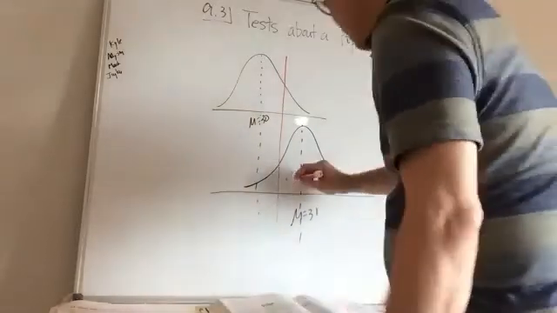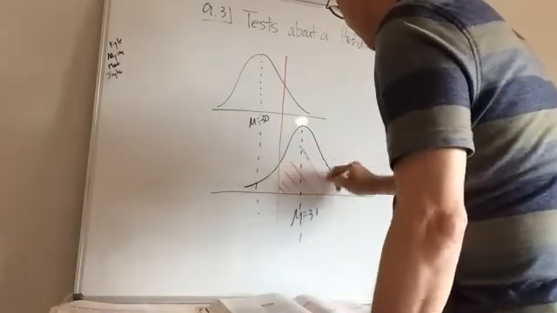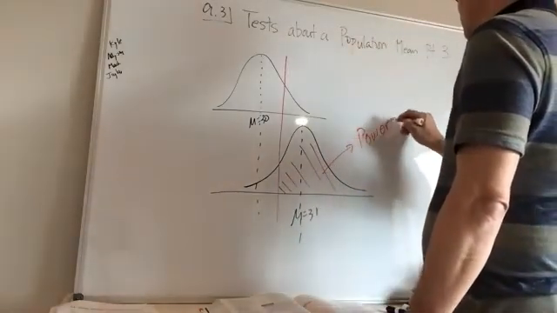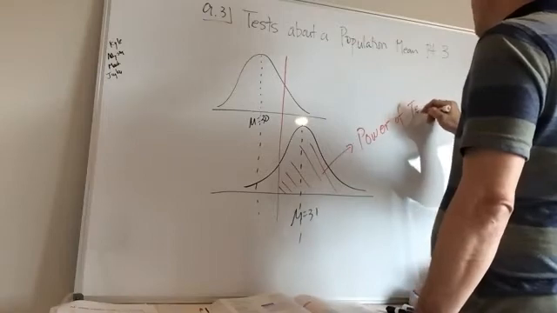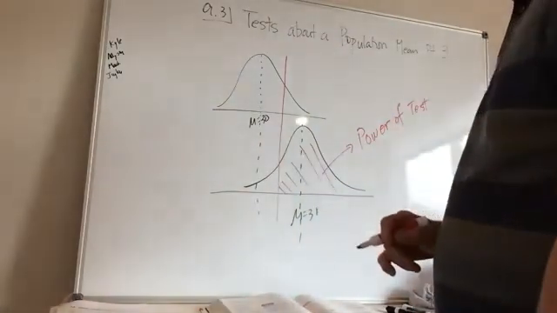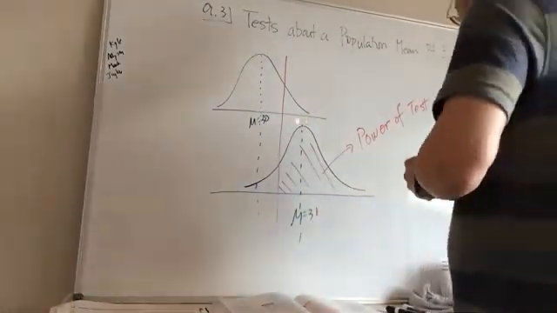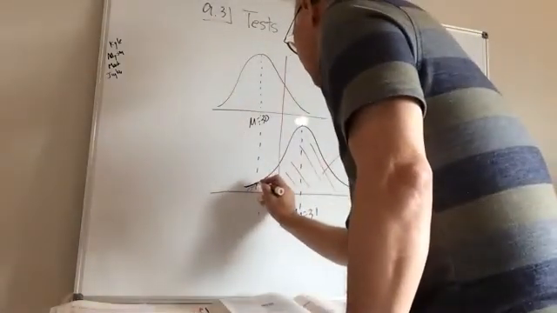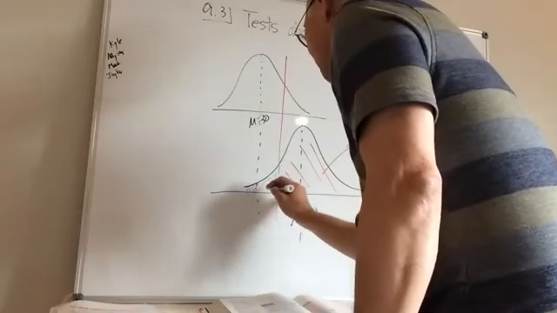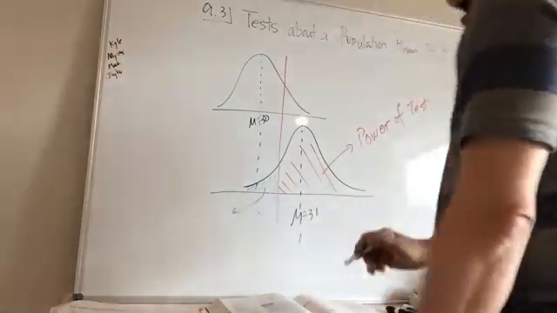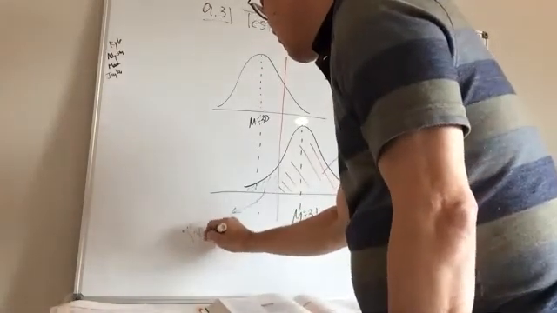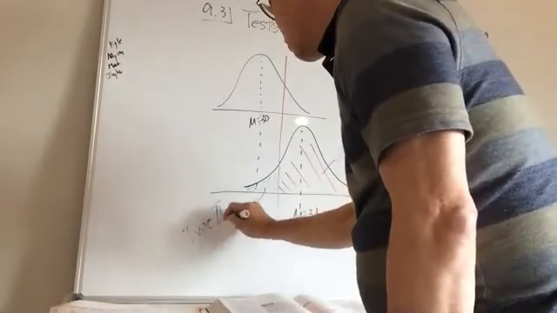So this here is going to be the power of the test. Based upon what we just said, this part here is going to be 1 minus the power of the test. So this is obviously going to be your type 2 error.